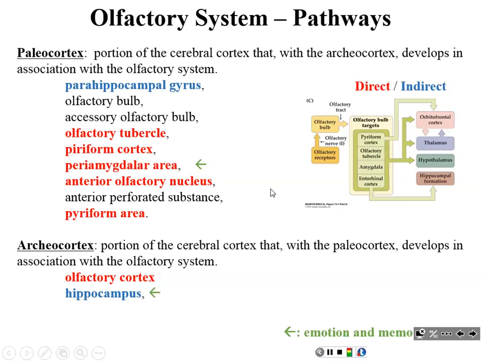Or somebody walks in front of us and the perfume that the person is using triggers the memory and we see the face of somebody that used to use that same perfume. Okay? The olfactory system seems to be very well associated with emotion and memory.